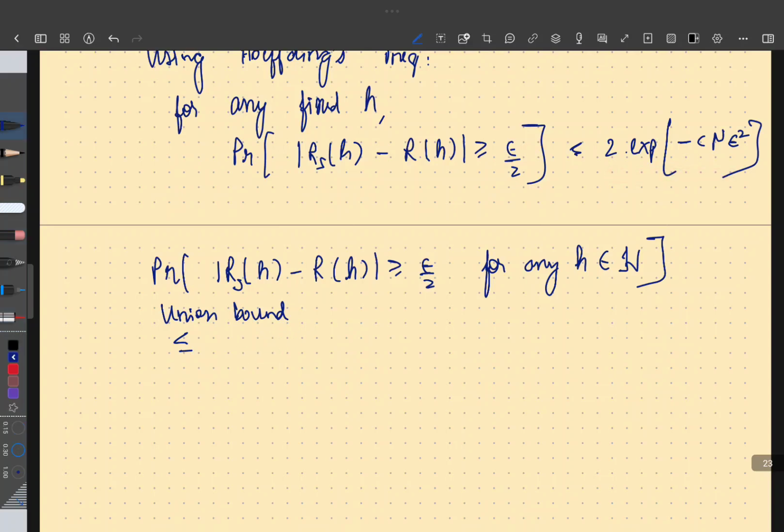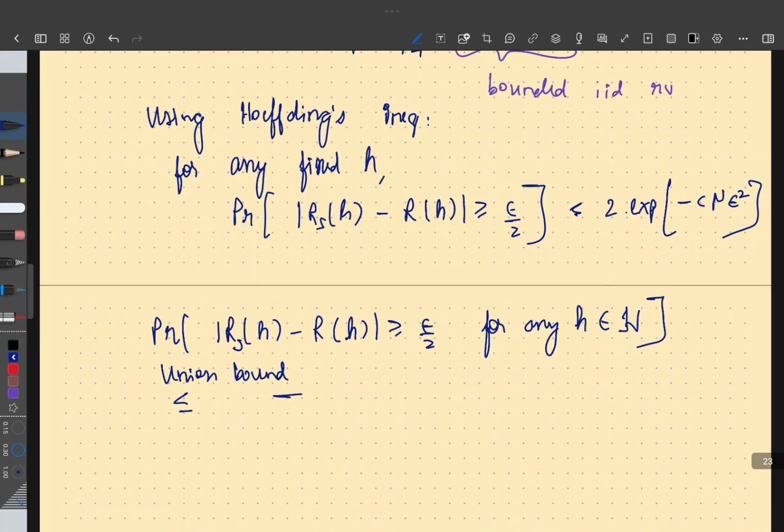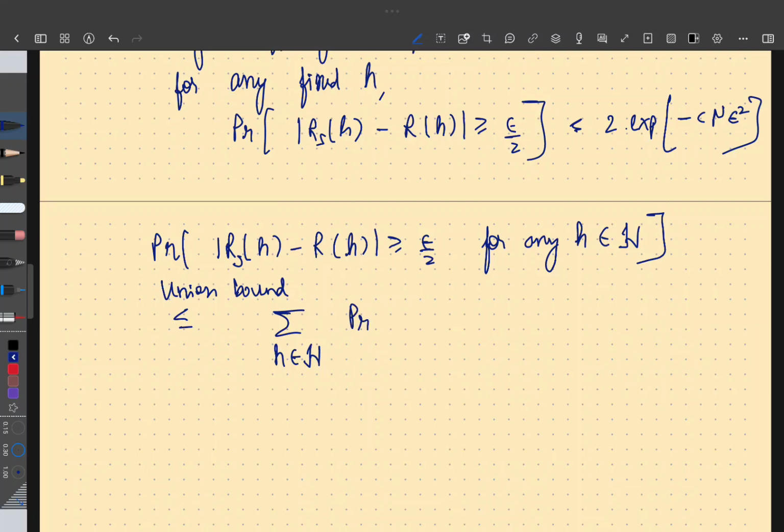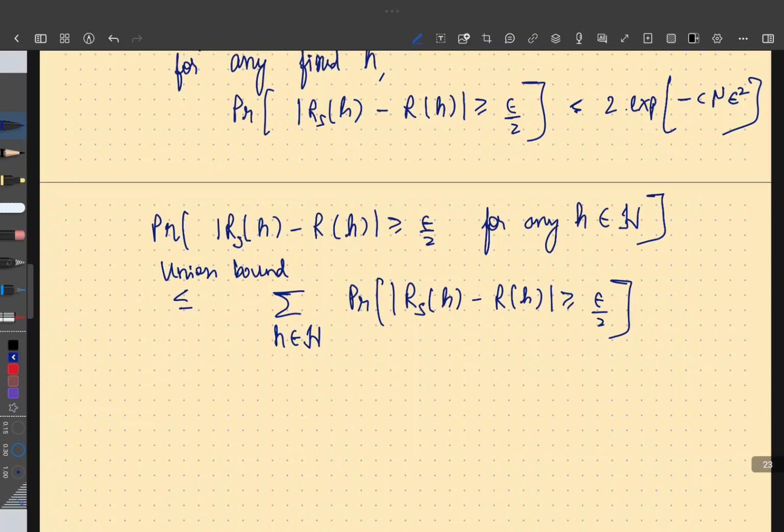If I want to be a little more careful, then this is less than or equal to the sum over all predictors of the probability that Rs of h deviates from R of h by an amount at least epsilon by 2.